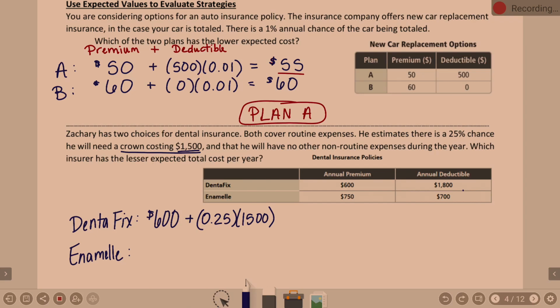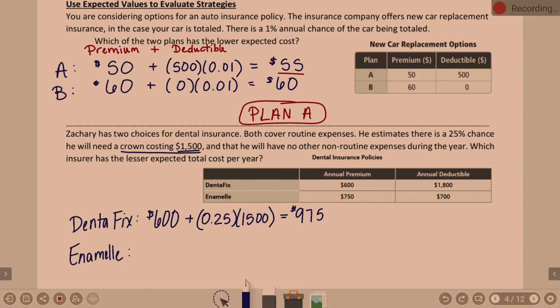I'm just not using $1,800 because he doesn't plan to have $1,800 of non-routine expenses. So $600 plus 25% of $1,500 puts me at $975. So Dentifix is going to cost him $975 if he has to get this crown.